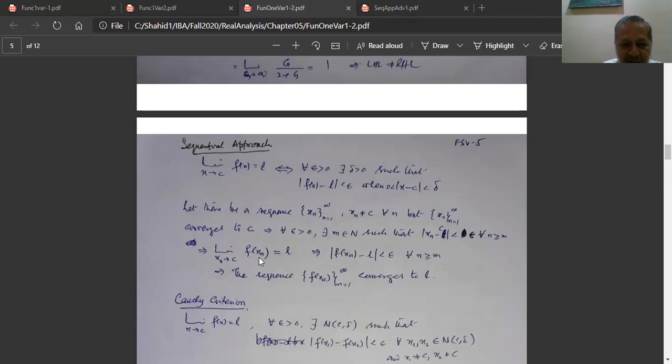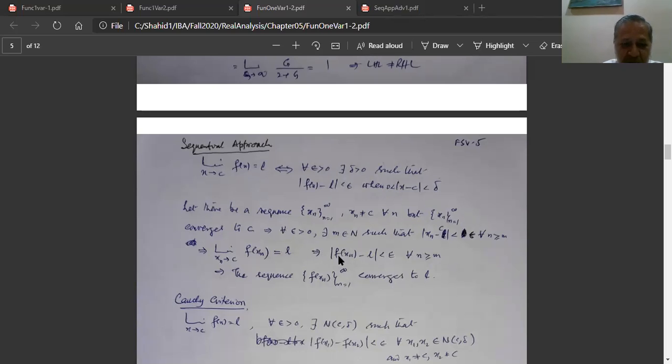That domain points, instead of being considered left-hand side or right-hand side, we consider a sequence in the domain which converges to c and evaluate the function or images at the terms of the sequence that converges to c. So there is a sequence in the domain and there is a sequence in the range. So as the sequence in the domain goes to c, the sequence in the image goes to L, if this limit exists.